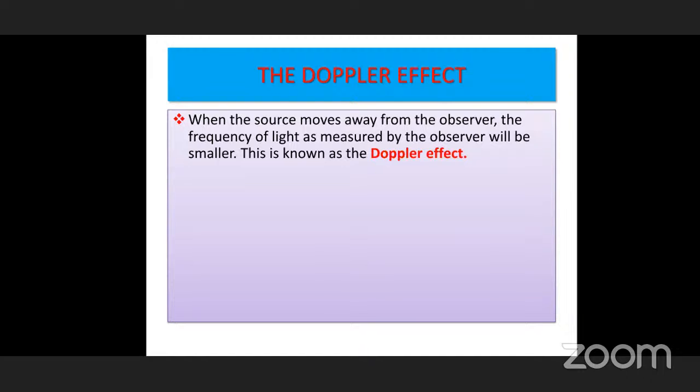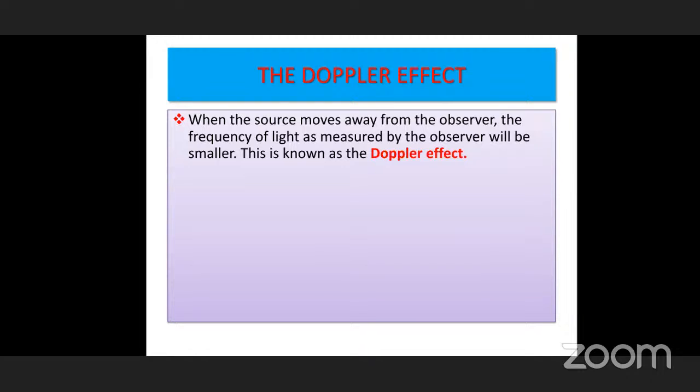So stars are moving this side and that side. You are on Earth. So the distance between these two is very, very high. We tell it in light years or parsec. That is a very big unit to measure a distance. So when the source moves away from the observer, the frequency of light measured by the observer will be smaller. This is known as the Doppler effect.